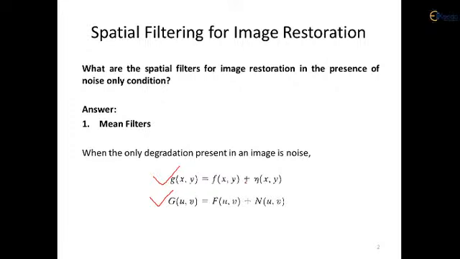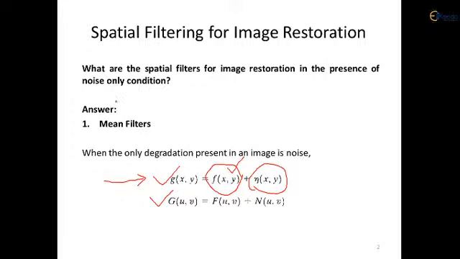So f of x comma y was the original image, the first representation in the spatial domain. It is added with a certain amount of noise. Along with that, f of x y was operated on by the degradation function, most possibly represented by the convolution operation with h, the function in the spatial domain.